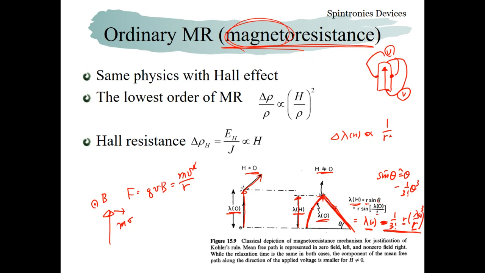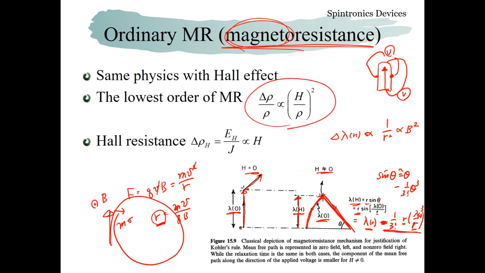So we have this relation, r is mv over QB. This radius means there is some kind of circular motion of the electron inside the B field, and this radius is the same as here. So this means they are proportional to B squared. So we obtained this relation.